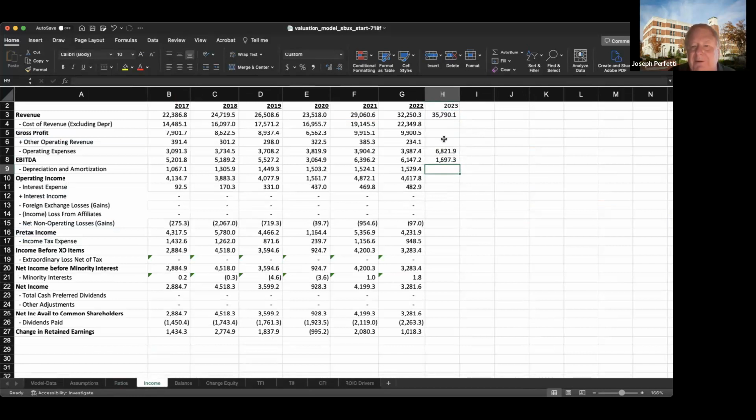And I think I put it in the wrong place. It's all too high. So there's our forecast for EBITDA and depreciation.